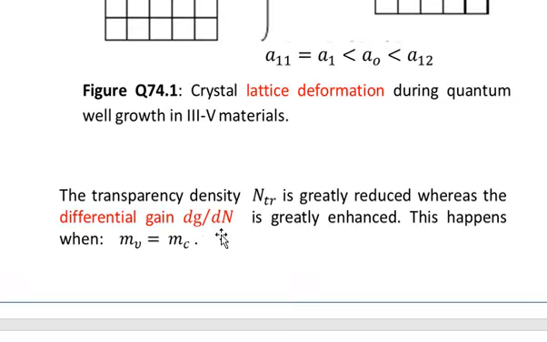So dg over dn will be enhanced, because as a result of the formation, the requirement for the transparency density N_TR is reduced. This happens when the mass of the holes in the valence band becomes equal to the mass of the electrons in the conduction band, that is m_v is equal to m_c.